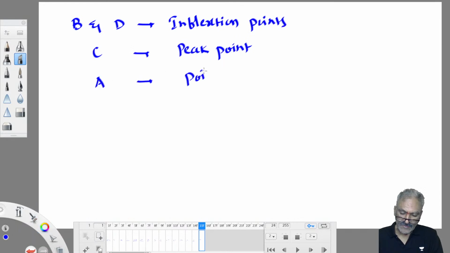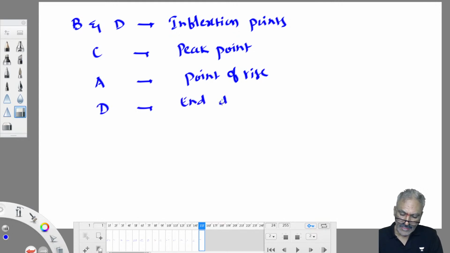Point of rise means what? The first drop of runoff joins the water body at point A, point of rise. So, from then onwards it keeps on rising only till it reaches the peak. Then E is called end of direct runoff point.